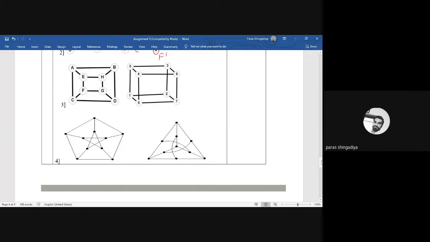Yeah, fourth is also isomorphic. Third is also isomorphic. Okay, second and third are both isomorphic graphs.